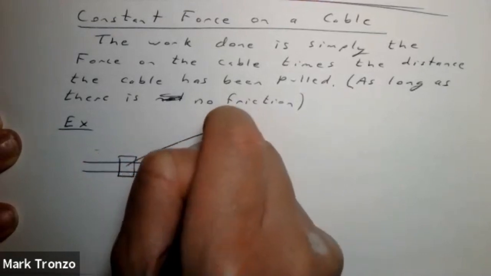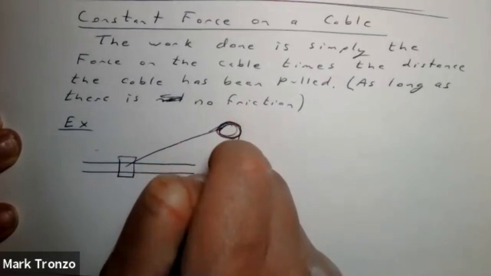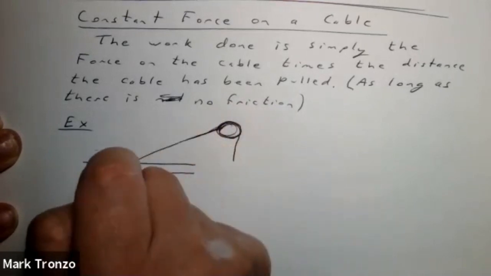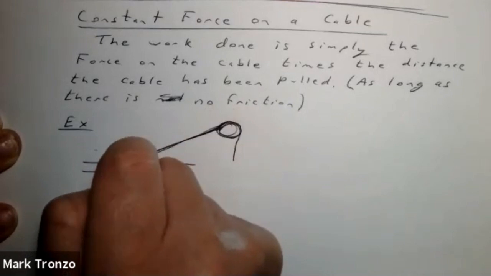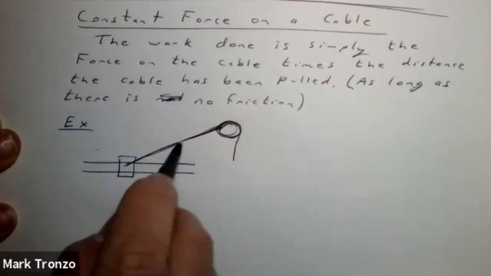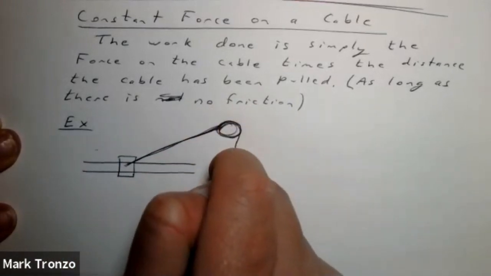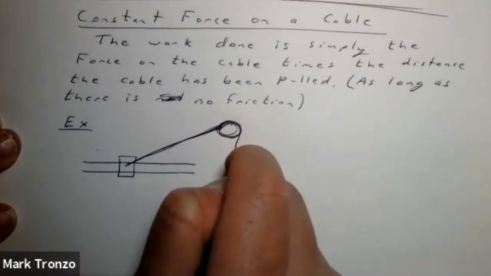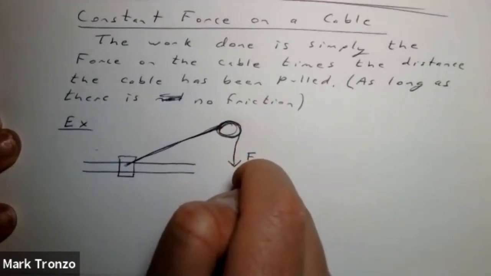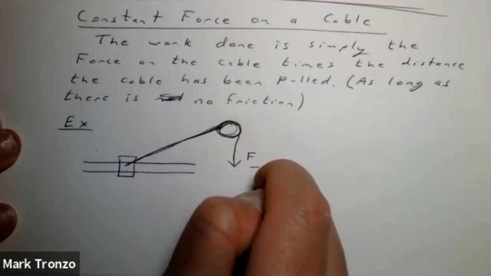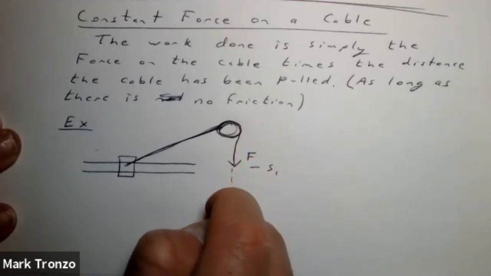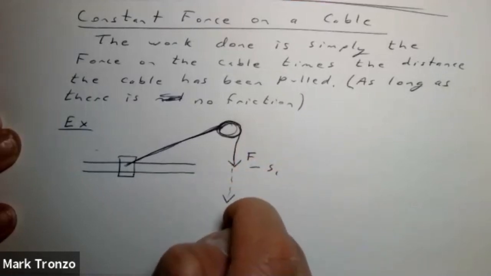It's supposed to be a pulley. So let's say this rod is being pulled. There's a force right here. And you're starting at, say, S1. Let's say you pull down to S2.